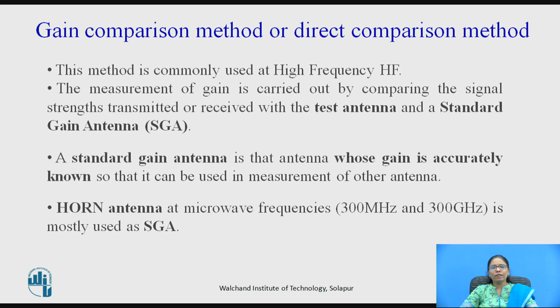The standard gain antenna is the one whose gain is accurately known and which can be used for the measurement of gain of another antenna. The most common example of the standard gain antenna is the horn antenna, which works at frequencies of 300 megahertz to 300 gigahertz.